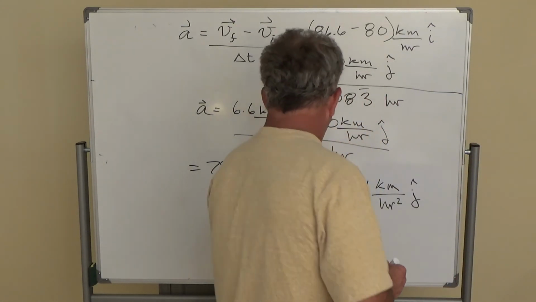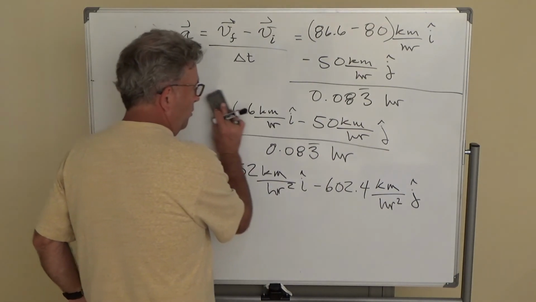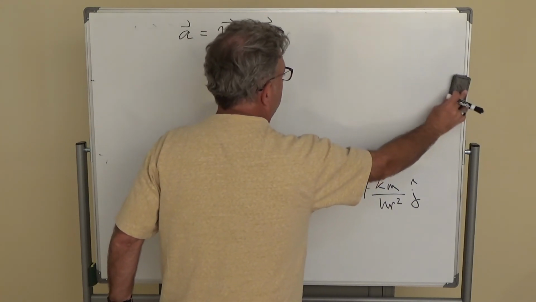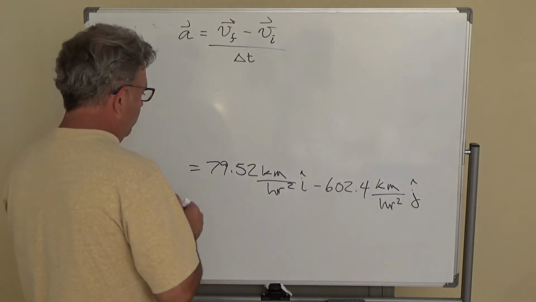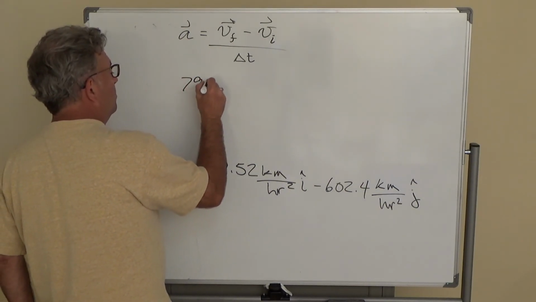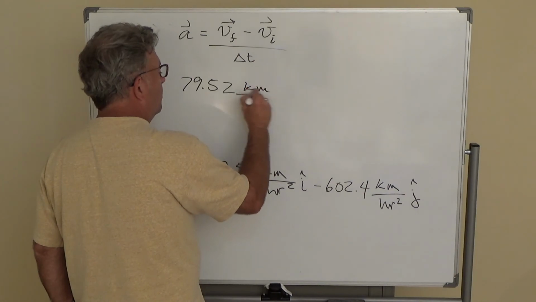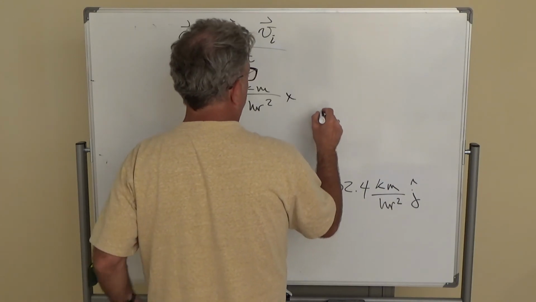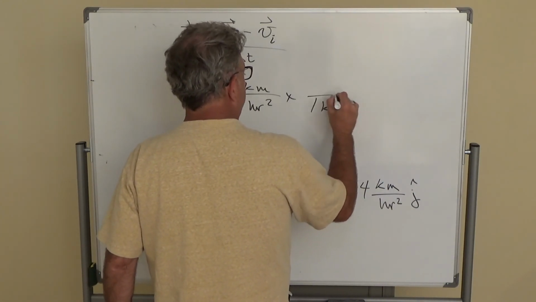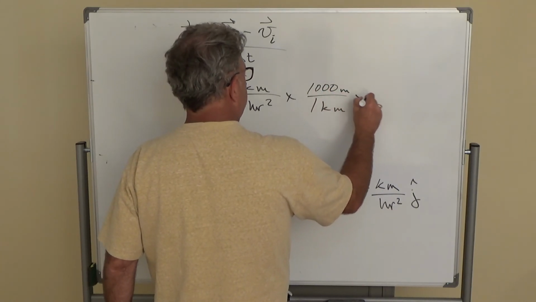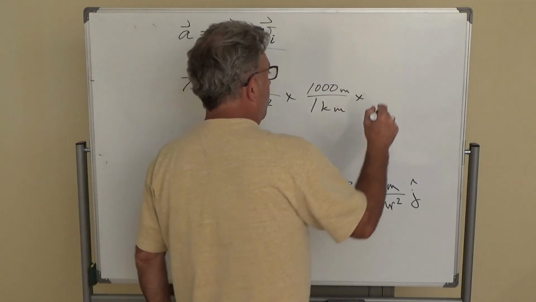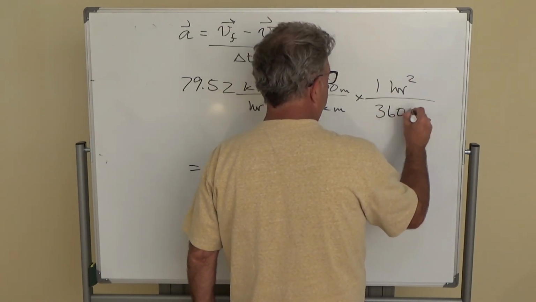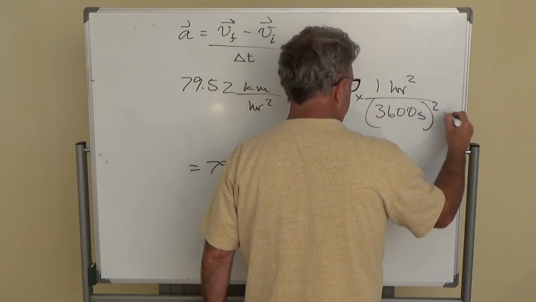Well, let's see how to convert this to meters per second squared. So 79.52 kilometers per hour squared times 1 kilometer is 1,000 meters times 1 hour squared is 3,600 seconds quantity squared.